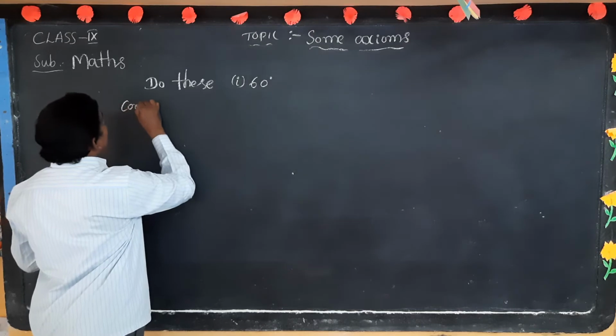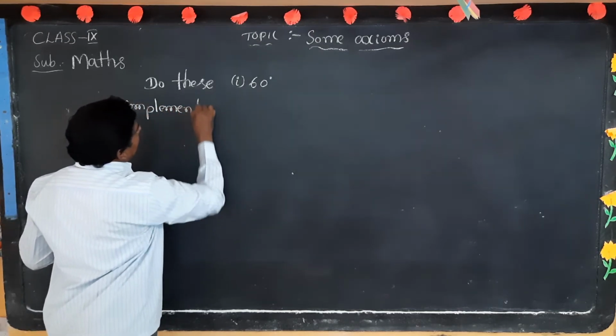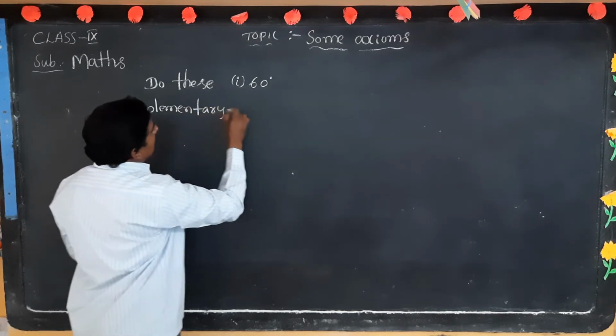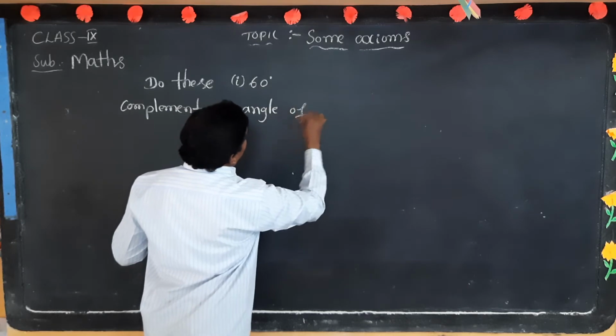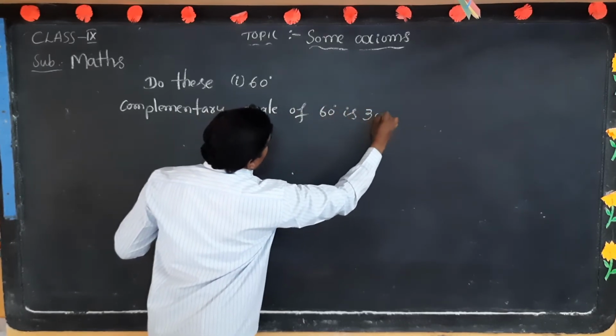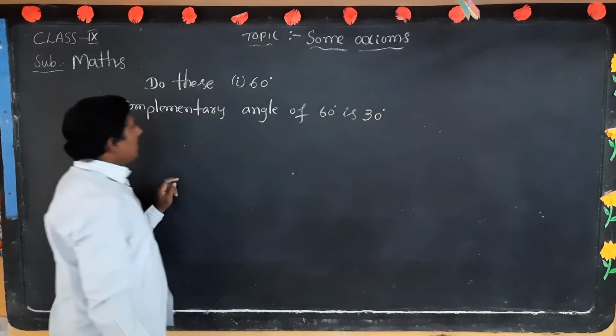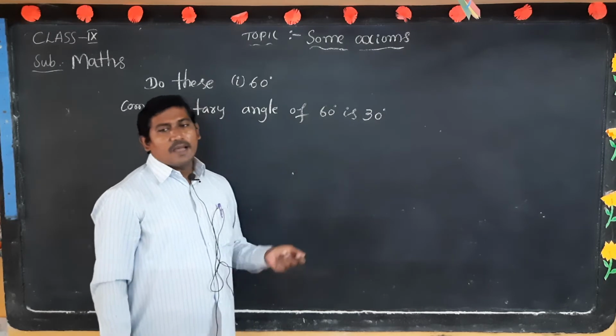The complementary angle of 60 degrees is 30 degrees. Why? These two adding gives 90 degrees.